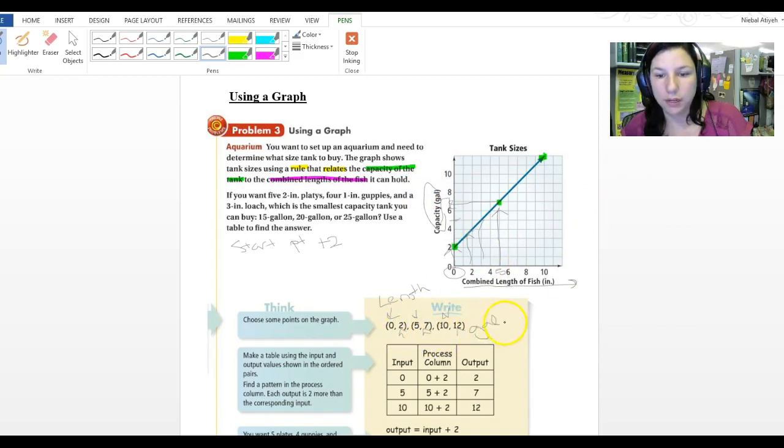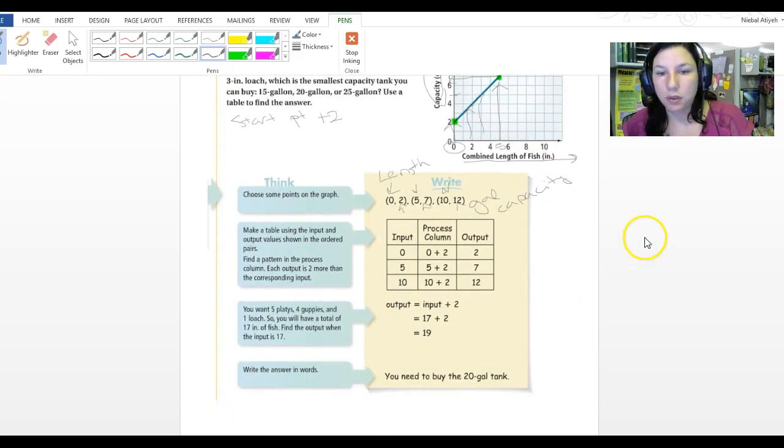That's the gallons you need. All they've done is set that up into a table. Your input is your x coordinate, your independent variable, and your output is your y coordinate, your dependent variable. How many gallons you need depends on how many fish you're putting in there, that length.